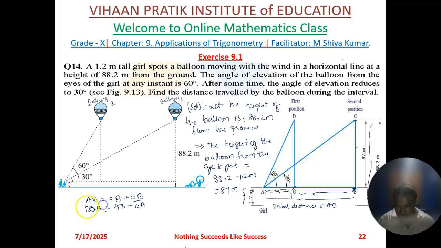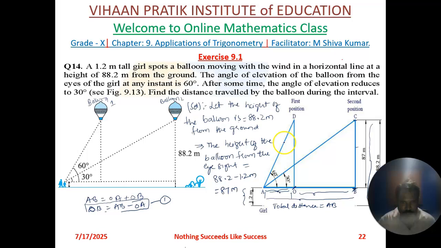So we need to find OA and AB. That's it. This is the equation we can use to find the distance the balloon has traveled from the first position to the second position. In both cases the angle is the angle of elevation, so no worries.